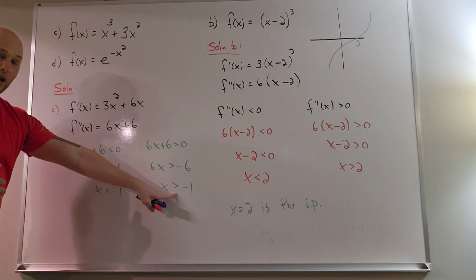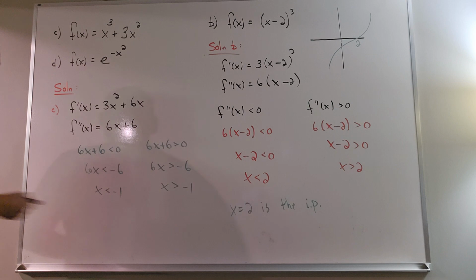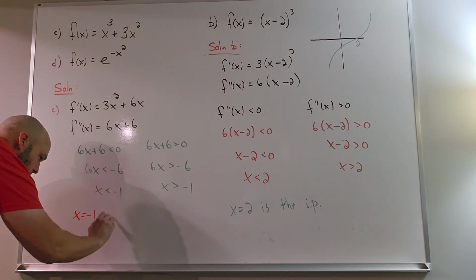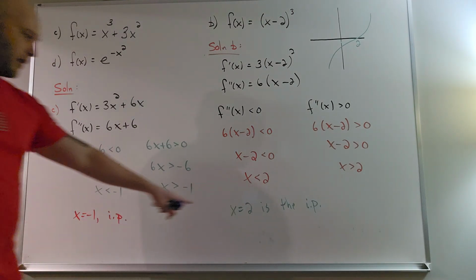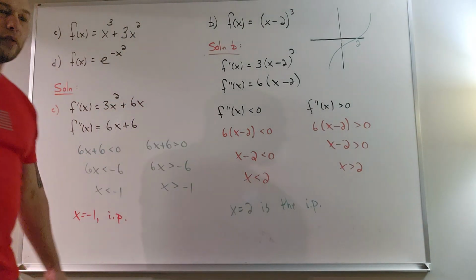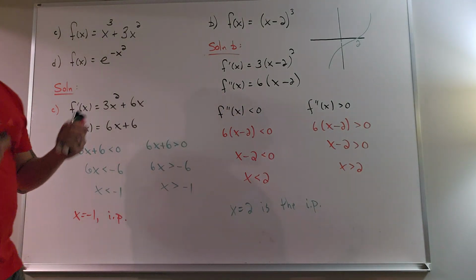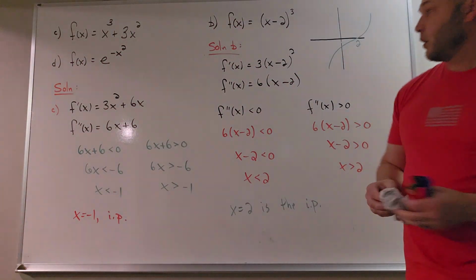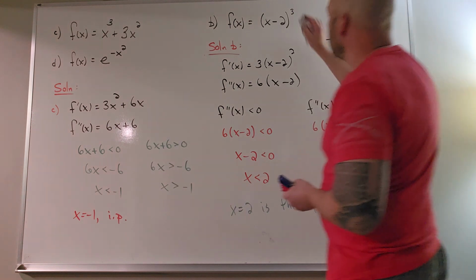To the immediate right of negative 1, it's concave up. Therefore, x equal to negative 1 is an IP, typically my abbreviation, by the way, I think I used it over here too, IP for inflection point. So x equal to negative 1 in this case would be the only inflection point that cubic function has. Okay. Part D.